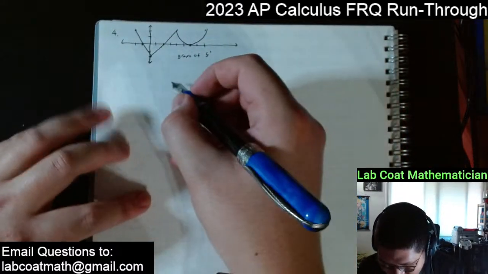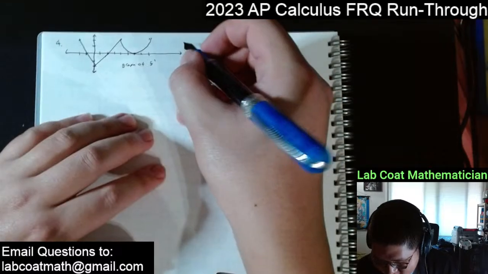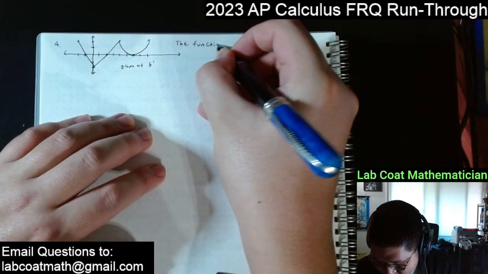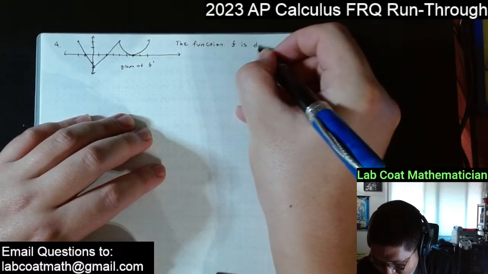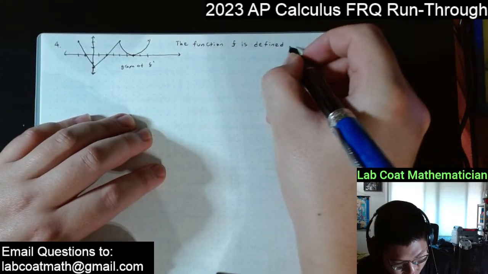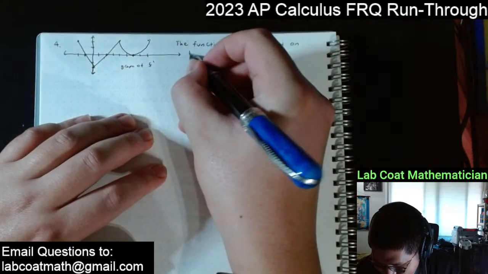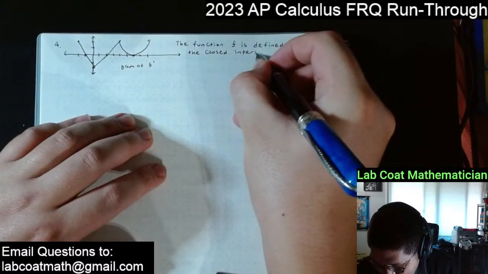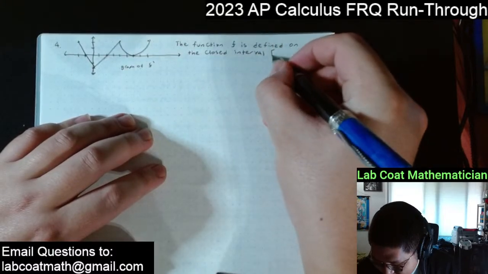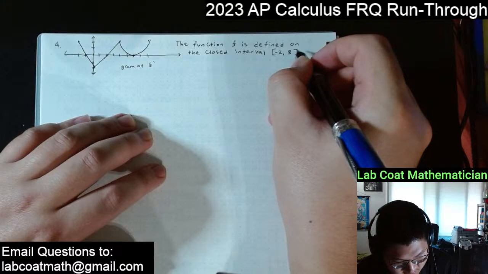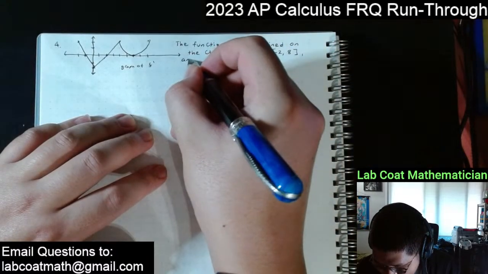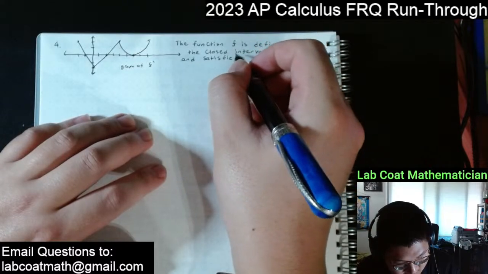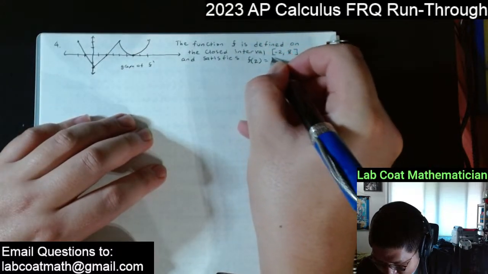Okay, so it says here that as part of the context, the function f is defined on the closed interval going from -2 to +8, and satisfies f of 2 being equal to 1.